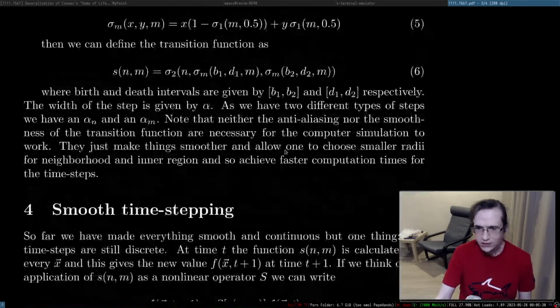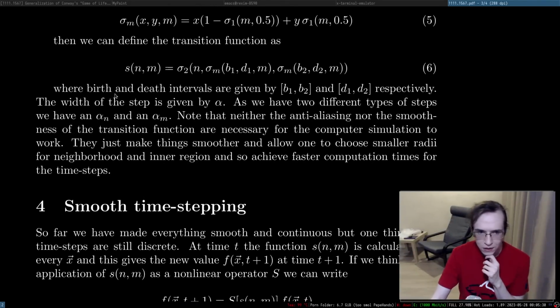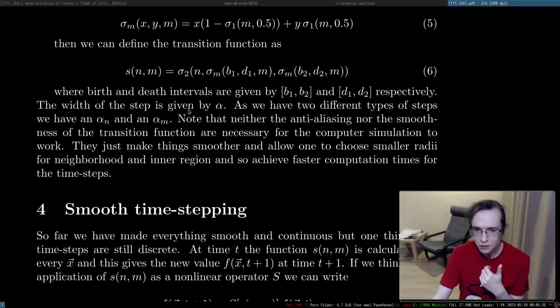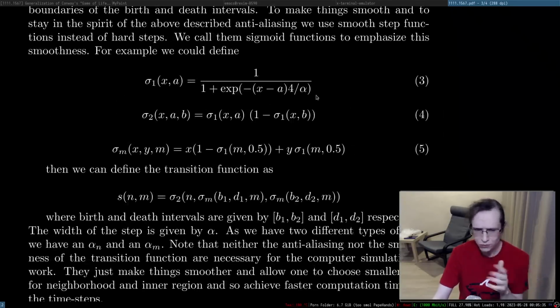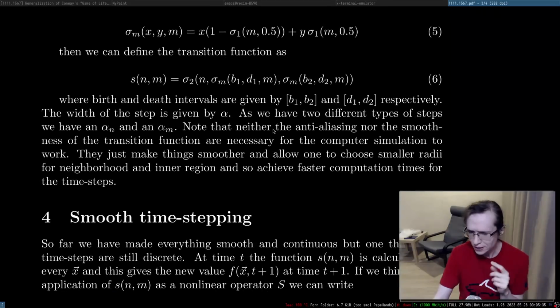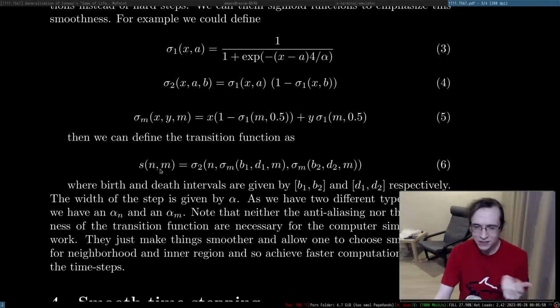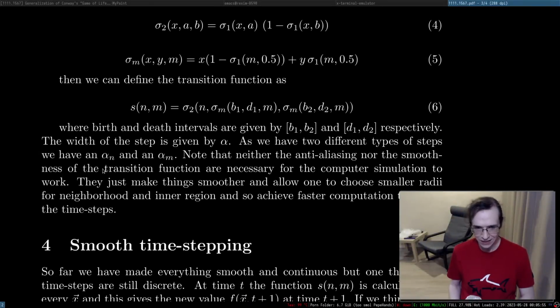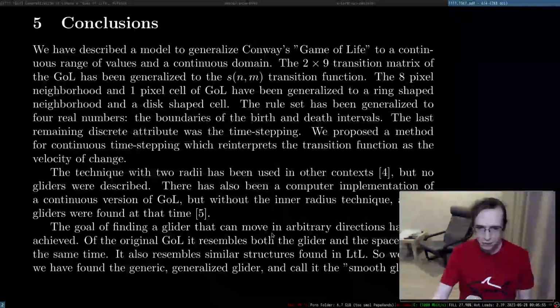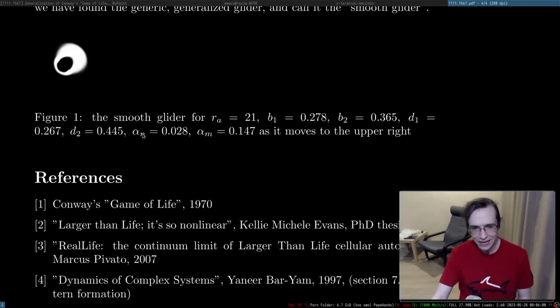So what did they say about this alpha? The width of the step is given by alpha. Okay, so that's the width of the step, whatever step means, I don't know. As we have two different types of steps, we have AN and AM. What? Where is A? The only other place that they mention AN and AM is at the end of the paper, where they say, if you set AN and AM, you're going to get this glider.